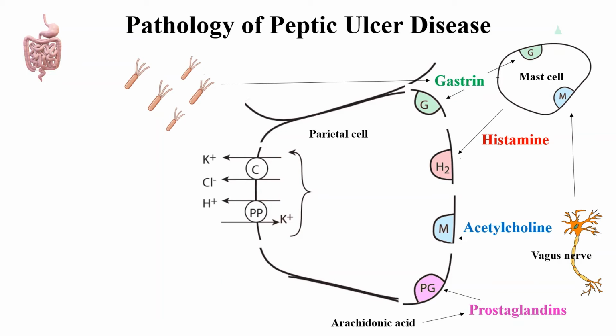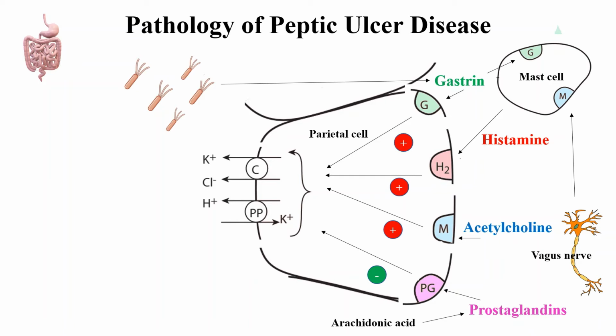So in parietal cell, there is an important pump called H plus K plus ATPase pump that produces HCl. So under the influence of gastrin, histamine, and acetylcholine, this pump gets activated and that secretes more amount of HCl. Prostaglandins are protective in nature. They reduce the activity of the pump.